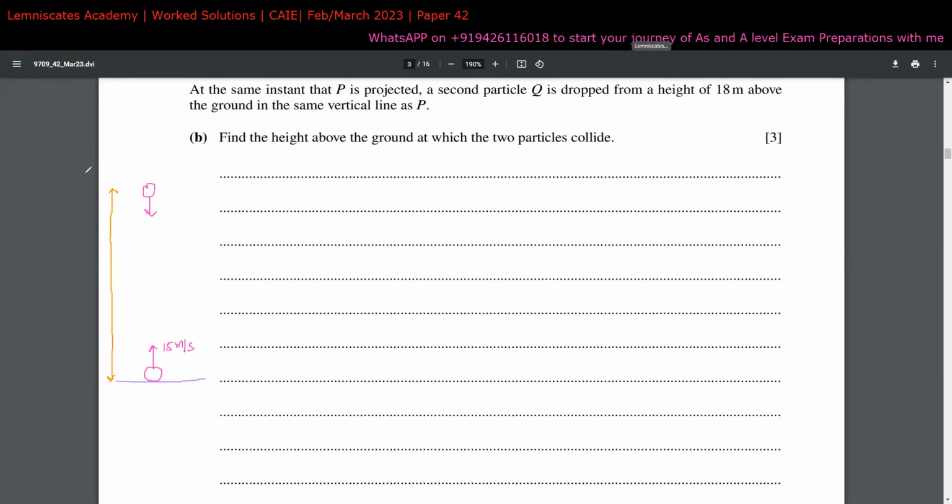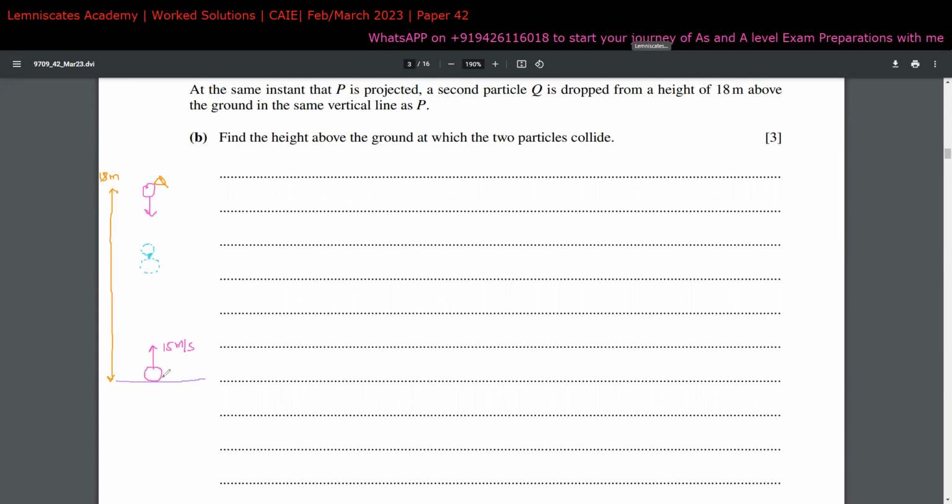This total distance is 18 meters. This is particle Q. And let's say that it collides somewhere over here. Let's say that this is the point of collision. All right, when Q comes over here, and when P comes over here, they're going to collide.